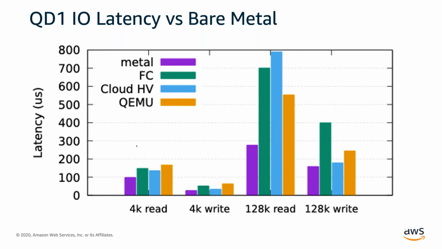That's an overhead of about 400 microseconds at 128K reads, and that's mostly a bandwidth limitation. We've got an extra memory copy. 128K writes, similarly, some overhead over bare metal, but generally good performance, and performance that is comparable to local SSD, especially for those small reads and writes, and that's important too.